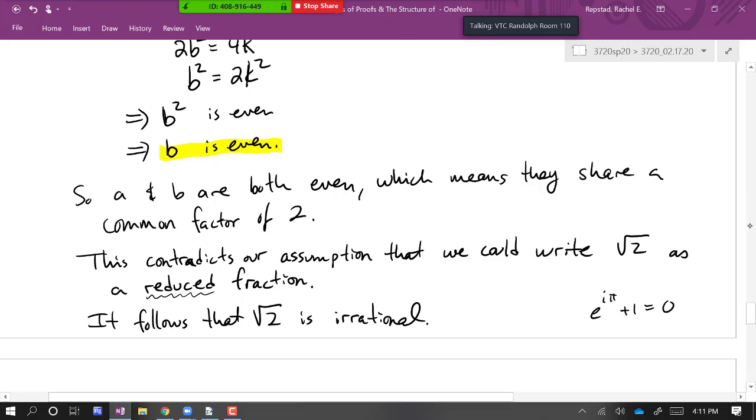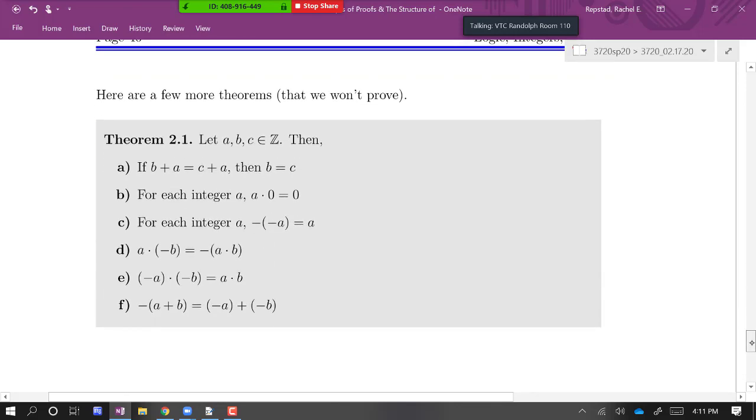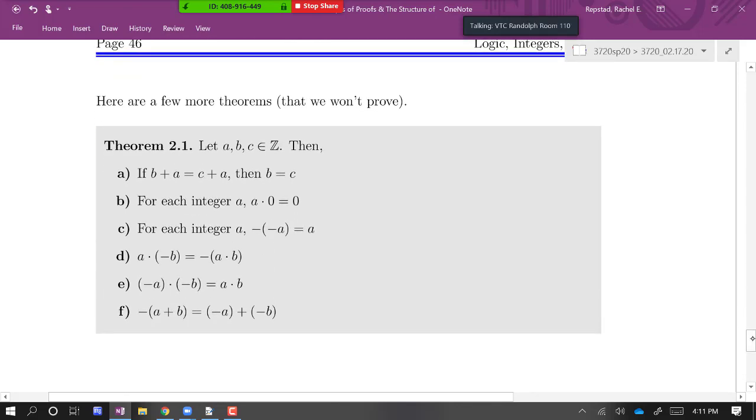Okay, more math. Here are a few more theorems that we're not going to prove, and I include them here in the notes. You read all of these and your response is, yeah, of course, we know, right? A times 0 is equal to 0 for every integer. The negative of negative a is just a.